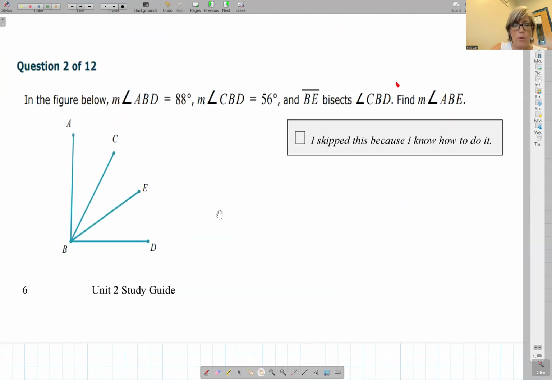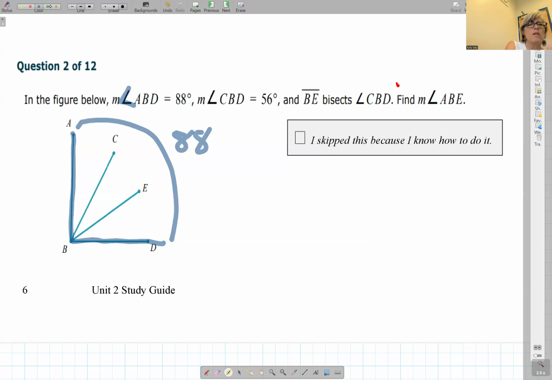In the figure below, the measure of angle ABD is 88. The measure of angle CBD is 56. BE bisects CBD. Find ABE. So we label everything. Angle ABD, A, B, D, trace and sweep, is 88.